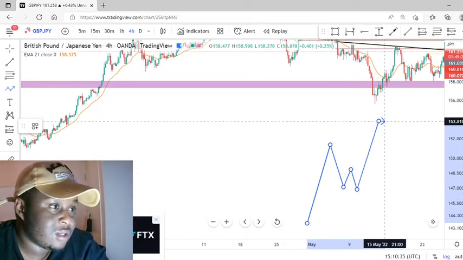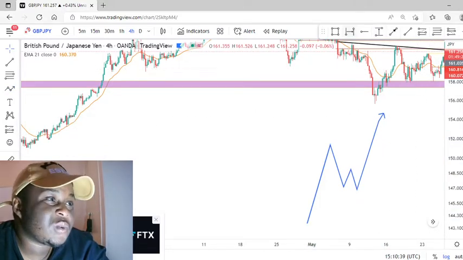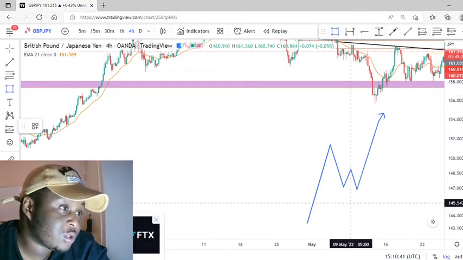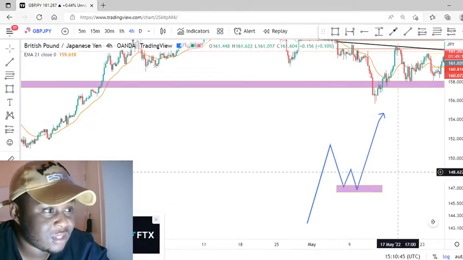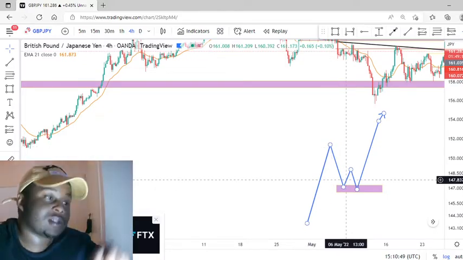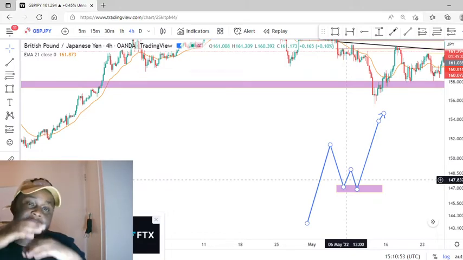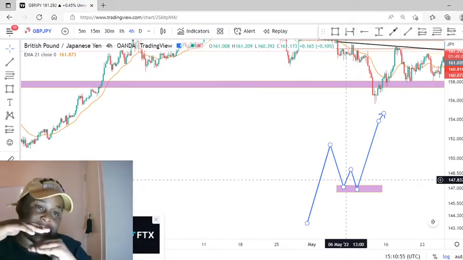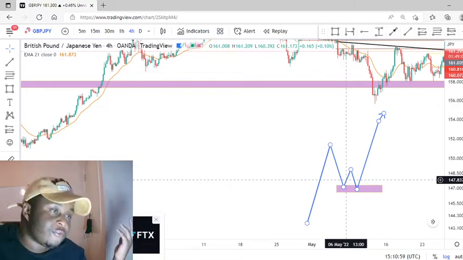So this is what I call a double bottom in a trending market. It's basically like a continuation pattern. It's going up and it's a retracement, but then the retracement is at the support. So when it's at the support level and it has a double bottom, it's just more confluence to buy.